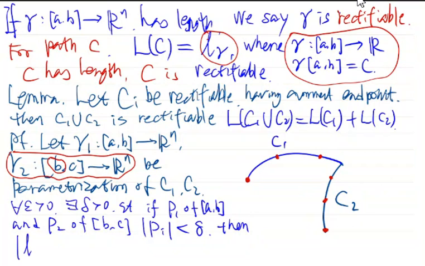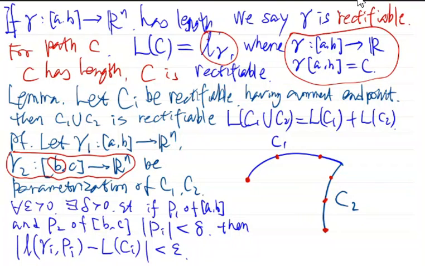This is the length of the curve gamma i with respect to the partition Pi, which will be very close to the length of Ci. That is, the difference has absolute value less than epsilon.